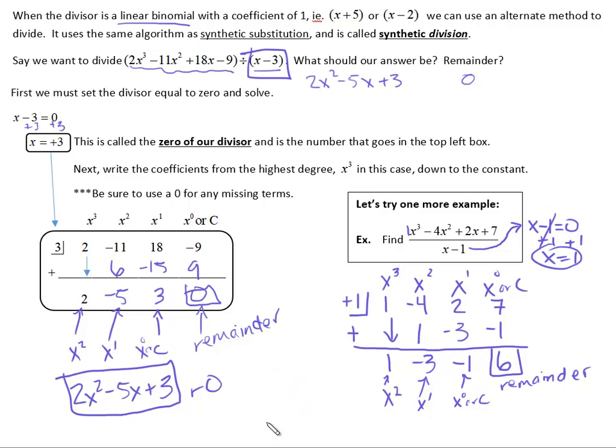Sorry. Maybe we'll write it up here so you can see it better. 1x squared, minus 3x, minus 1, plus our remainder over the divisor, which was x minus 1. And there it is. There's our answer to that second example.